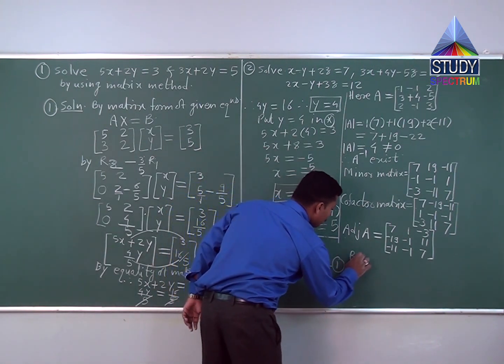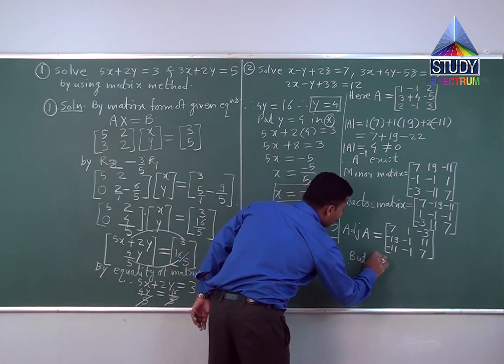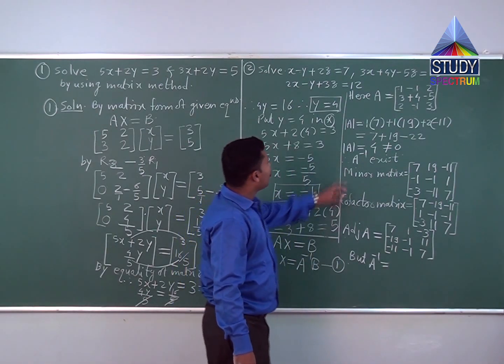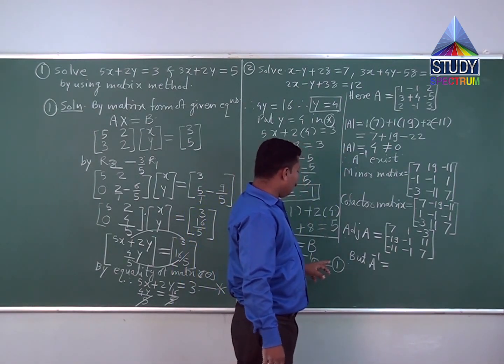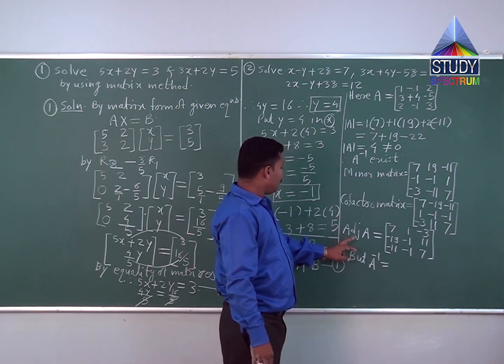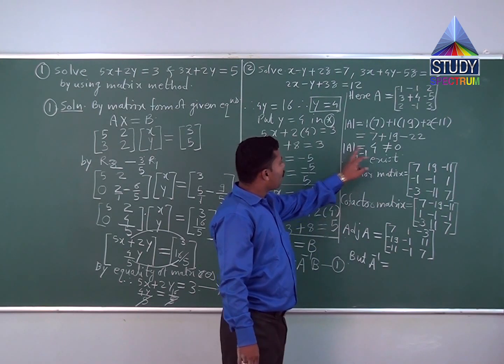Our formula: A inverse equal to 1 upon determinant of A into adjoint of A. So what is our determinant of A? 4.